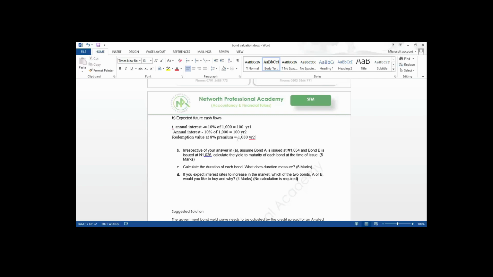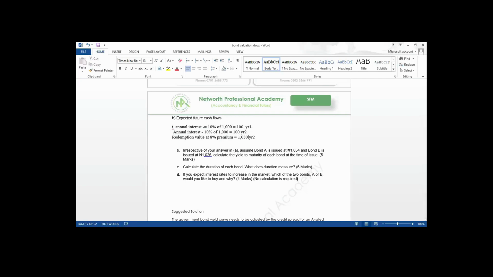These cash flows will be discounted using the bond yield. You have gotten expected future cash flows. In year 1, 100 naira. In year 2, 100 naira. Also in year 2, 1,000.